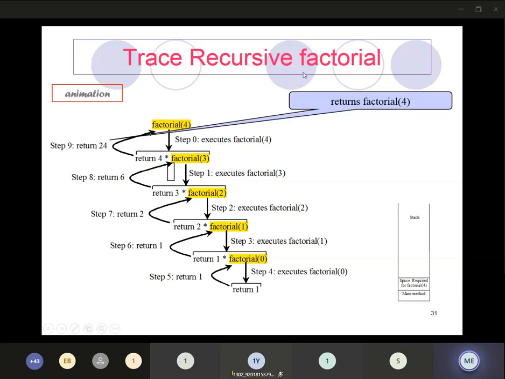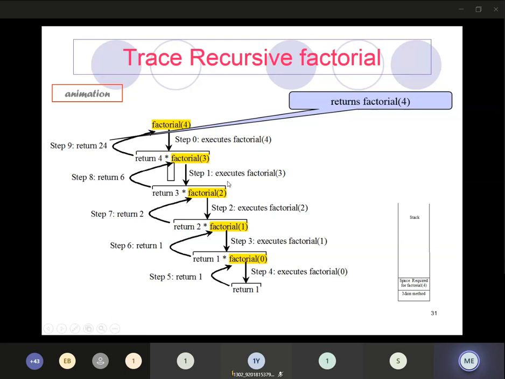To trace a recursive method, you are going to write the name of the method, then go back to its policy. If n is equal to 0, it will return 1. If n is greater than 0, meaning 1 and above, it will be n multiplied by factorial of n minus 1.